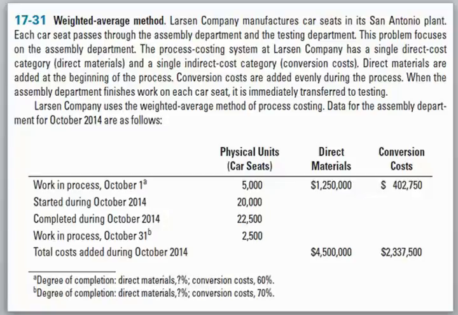Larsen Company uses the weighted average method of process costing. Data for the assembly department for October 2014 are as follows. Here are the physical units and the direct materials and conversion costs for work in process October 1, which is the beginning work in process, units started during October 2014, units completed during October 2014, the ending work in process, and finally the total costs added during October.